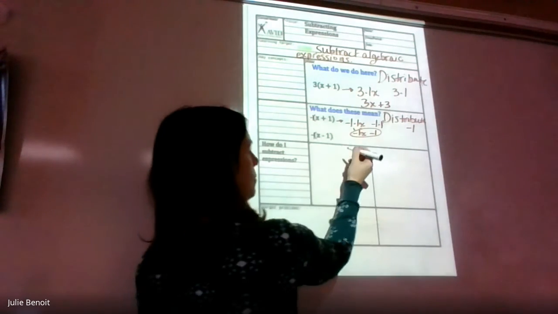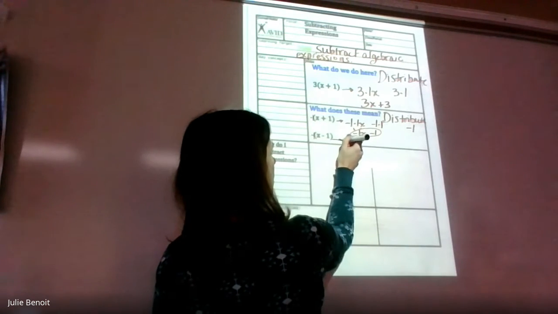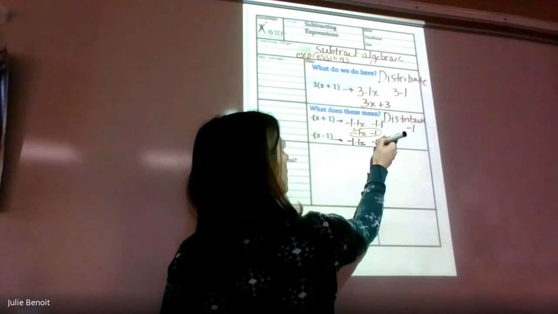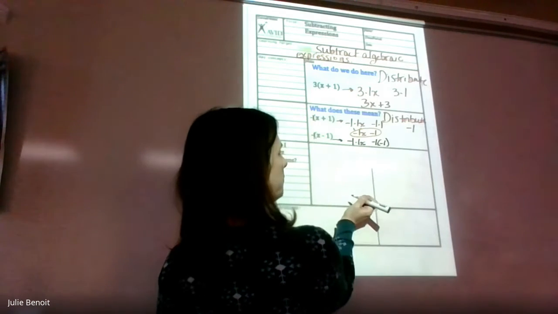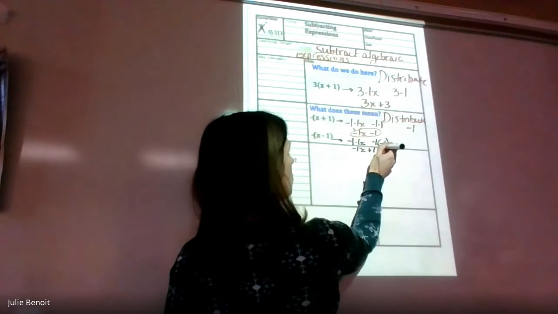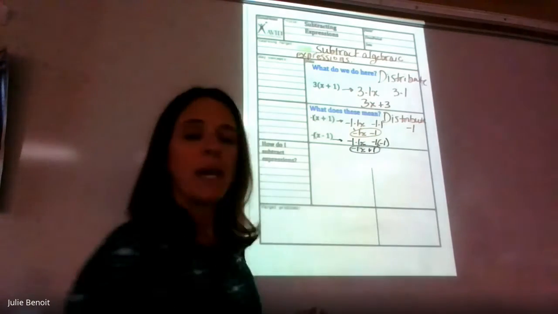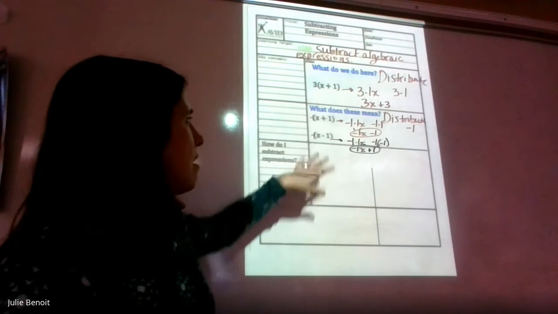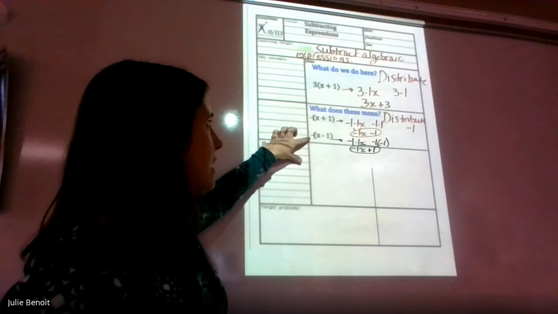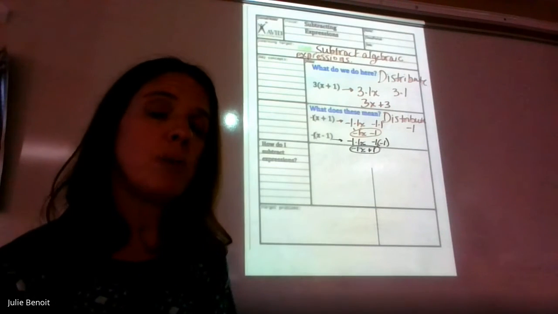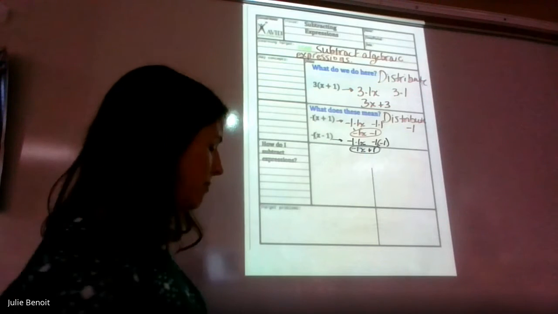And on the second one, we're doing negative 1 times 1x and negative 1 times negative 1, which would then be negative 1x plus 1. All right, we have a lot to remember with our integer rules, but when you see that opposite sign on the outside of that parenthesis, essentially we're distributing a negative 1.